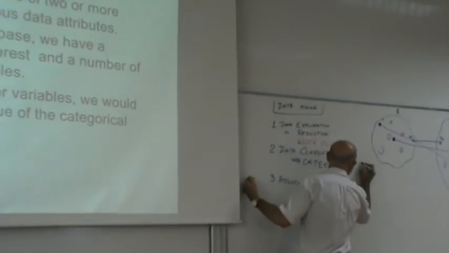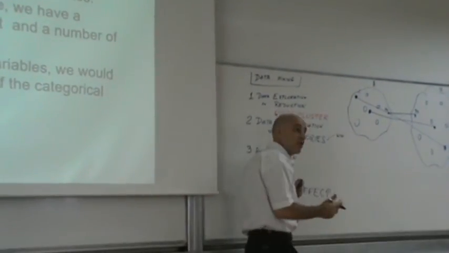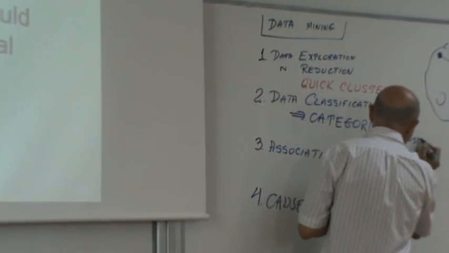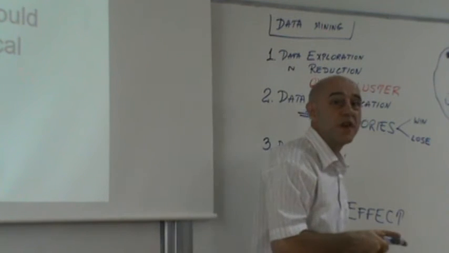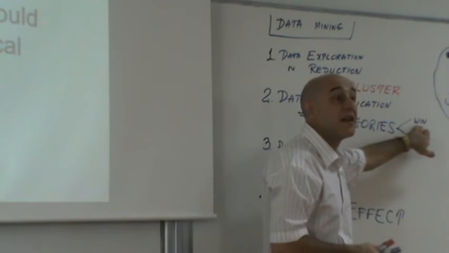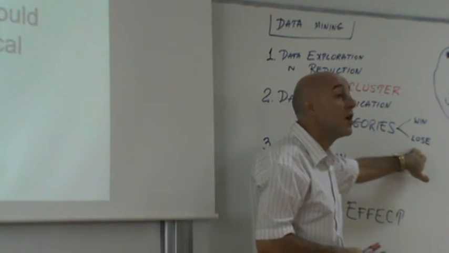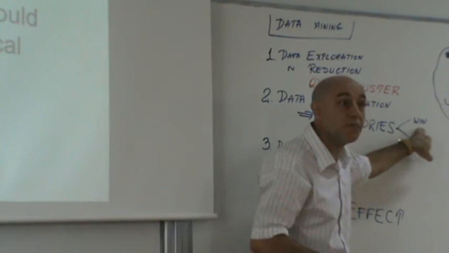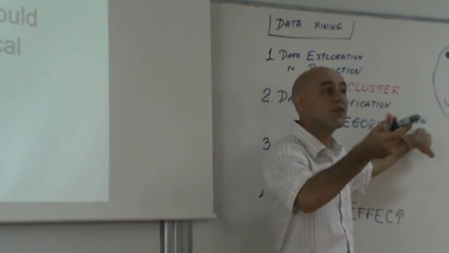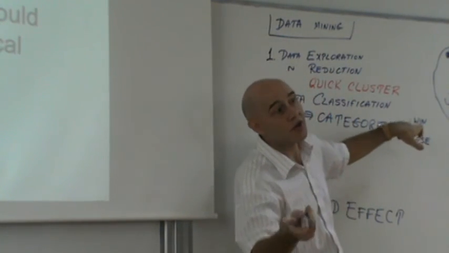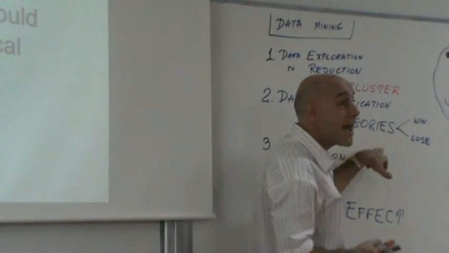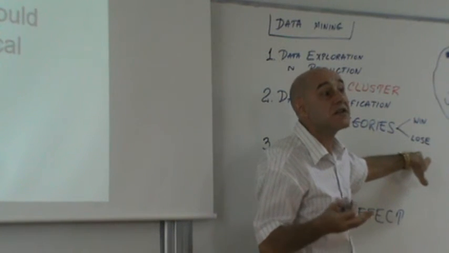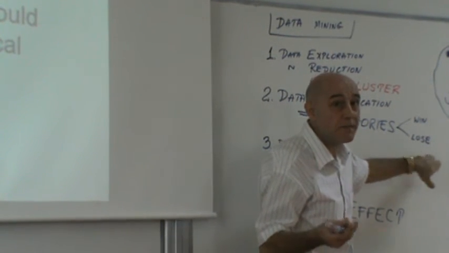The category may be win or lose. It could be in the stock market, make money, lose money. The category may be graduate from school, not graduated from school. The category may be married or single, okay?